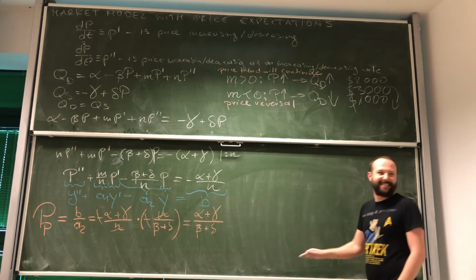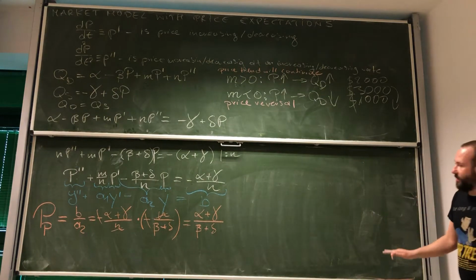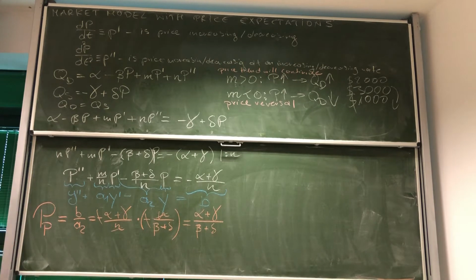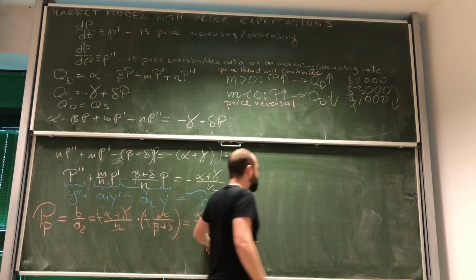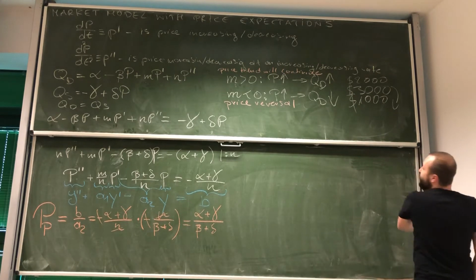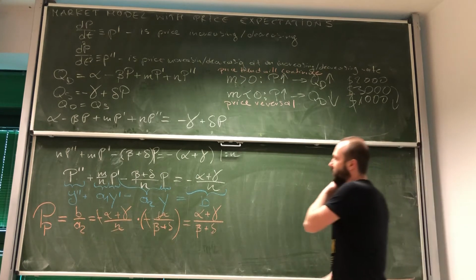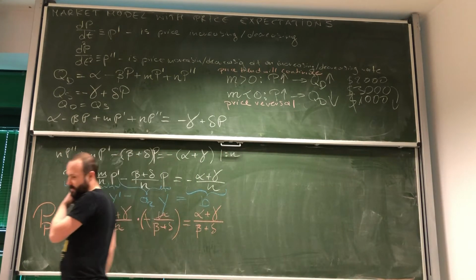And I hope you can see that actually this is exactly the same result we were always getting for equilibrium. But of course, this is just particular integral. We know the equilibrium solution, which is given by intersection of supply and demand.